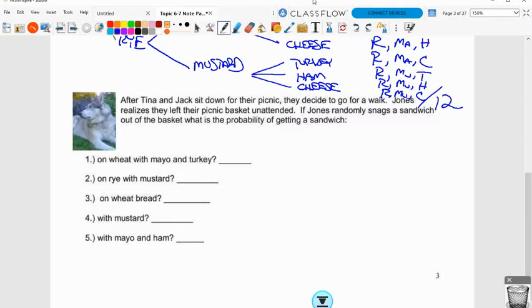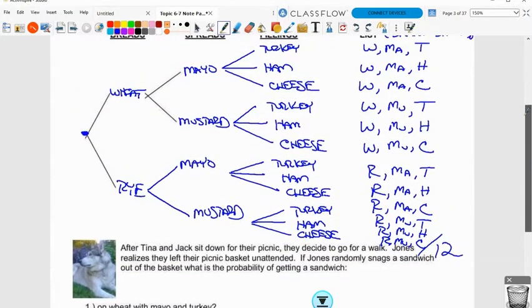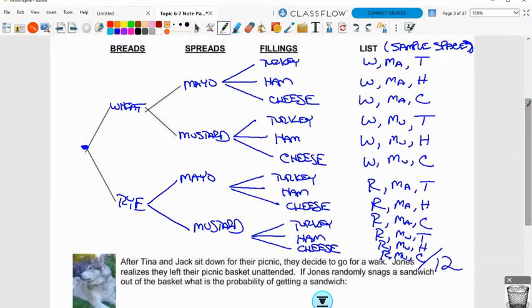So in question number one, they want to know what's the probability of getting a sandwich that has wheat bread with mayo and turkey. To answer that question, we're going to take a look at our list. We're looking for wheat bread, mayo, and turkey. All the wheat breads are right up here at the top with mayo, so that's these top three. But with turkey, there's only one.